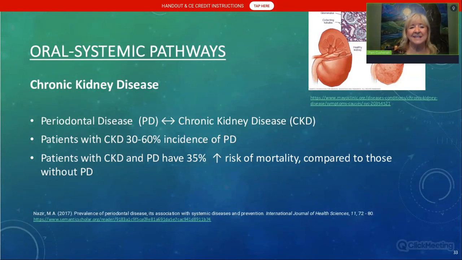Patients with chronic kidney disease have a 30 to 60% incidence of periodontal disease. And patients that have both chronic kidney disease and perio disease have a 35% increased risk of mortality compared to those without periodontal disease, or I should say unmanaged periodontal disease.